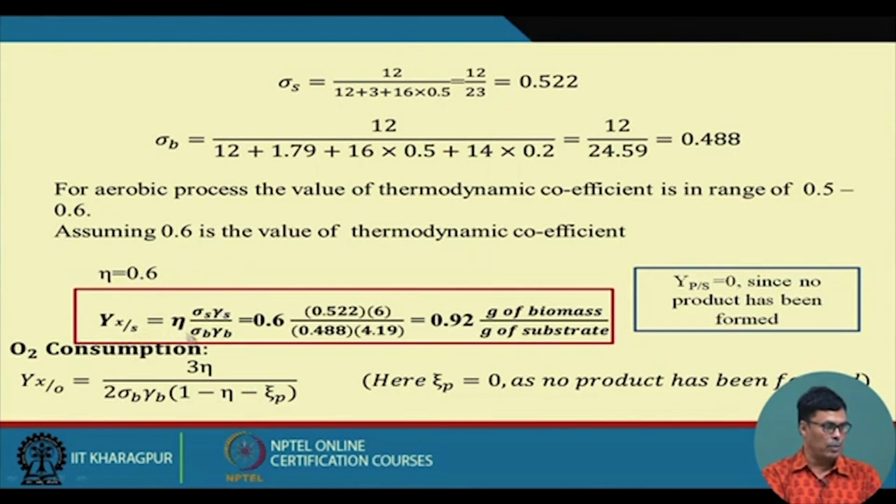Then we can calculate with the help of this degree of reduction, and you have sigma S. We can easily find out that this is coming to about 0.92 gram biomass per gram of substrate consumed. And similarly we can calculate the oxygen consumption. 3 eta divided by 2 sigma, gamma B, sigma B gamma B, 1 minus eta minus epsilon equal to 0, as no product has been formed other than biomass.